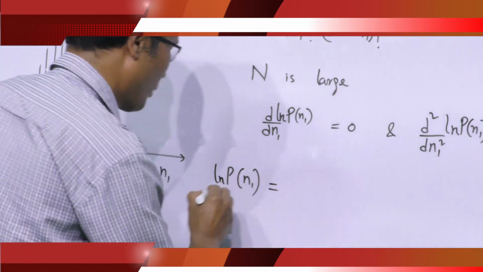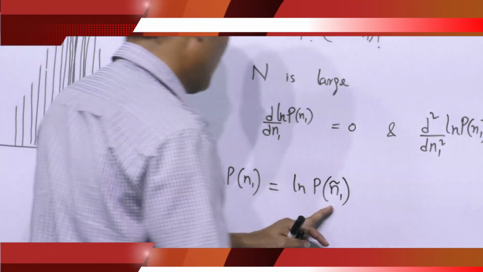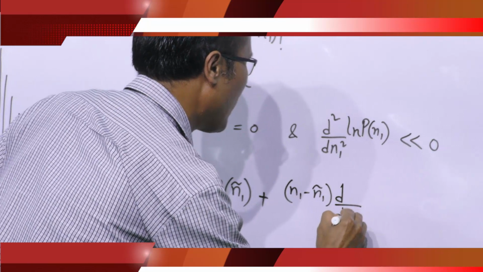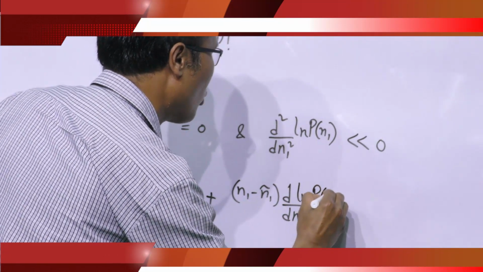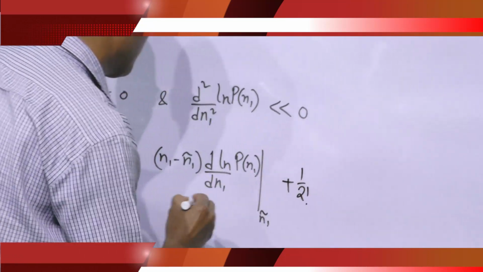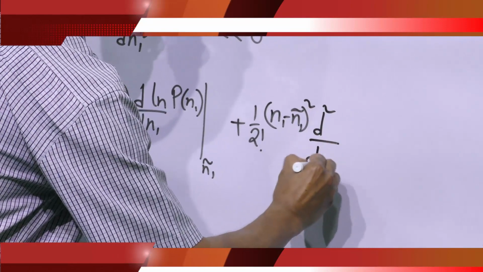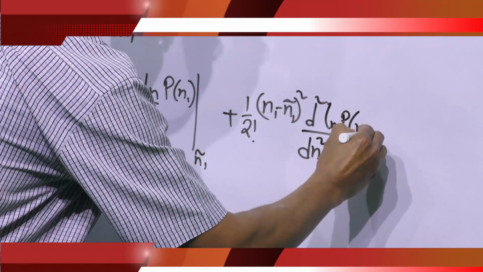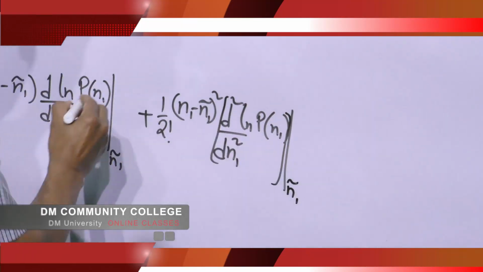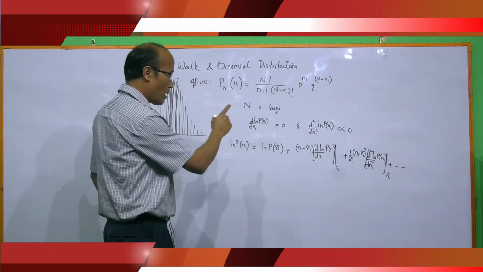So log of P(n1) is equal to log of P(n1 tilde), at n1 equal to n1 tilde, plus (n1 minus n1 tilde) d/dn1 of log of P(n1), this being evaluated at n1 tilde, plus 1 by 2 factorial (n1 minus n1 tilde) squared d squared/dn1 squared of log of P(n1), evaluated at n1 tilde, plus the higher order terms in (n1 minus n1 tilde).